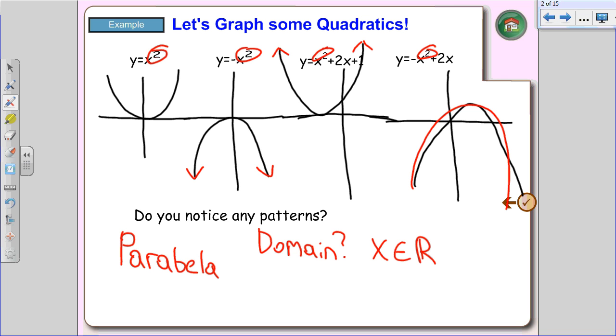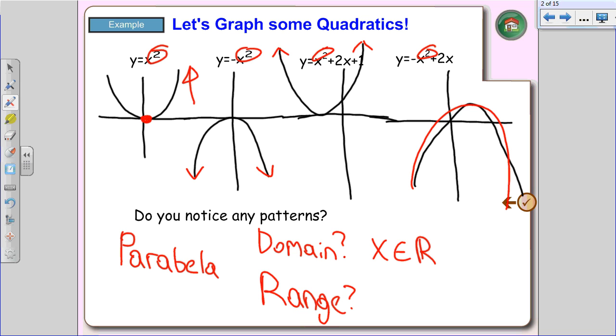What do we notice about the range? Well, what we notice about the range is that it'll only go off into infinity in one direction. So if we look at this first one, we're going up into infinity, but we're not going down. We have a minimum. That's the minimum point. That's the lowest it can go.